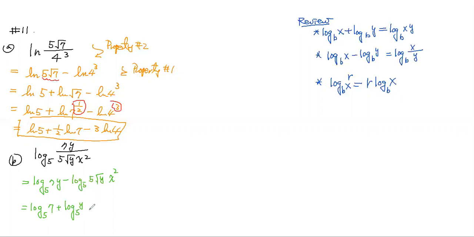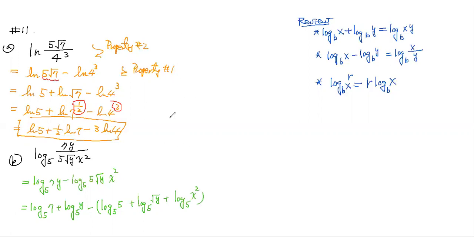Okay, now this one I can separate also, but you need to be careful. So this will be log 5 to the 5 plus log 5 to the square root of the y plus log 5 of x squared, right?